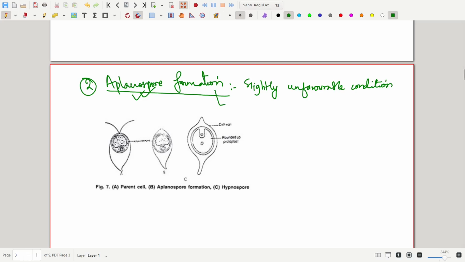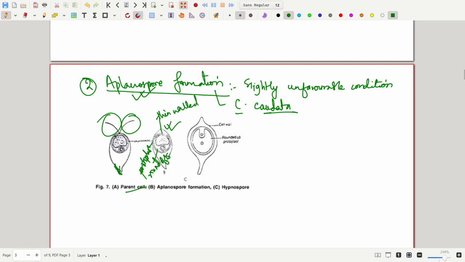Example, in Chlamydomonas caudata, it is seen that it generally forms Aplanospores for its asexual reproduction, where the parent cell loses its flagella, and the protoplast inside gets rounded off and secretes a thin wall around.